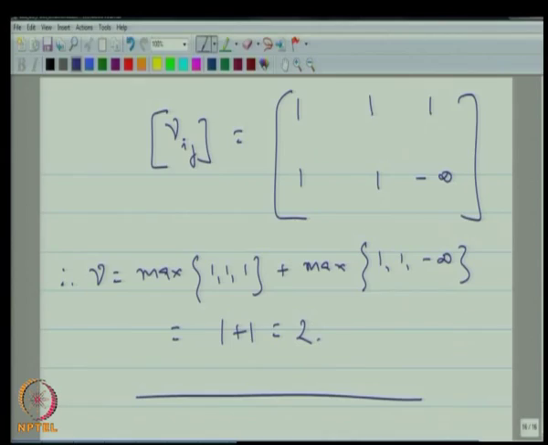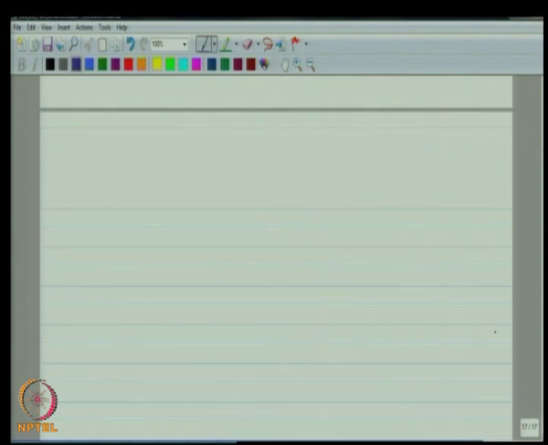Okay. Now, just to fill in the gaps, I will do a quick derivation here.